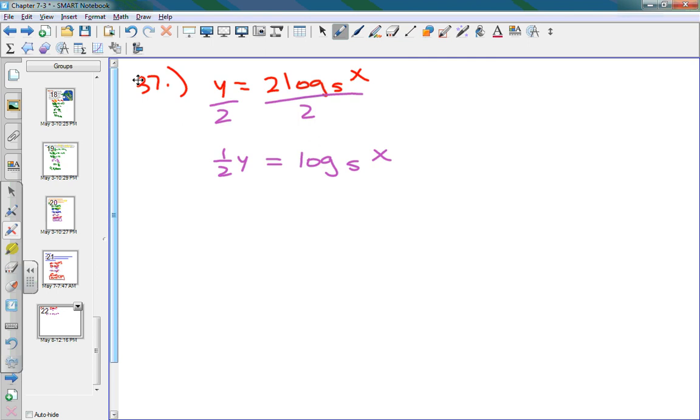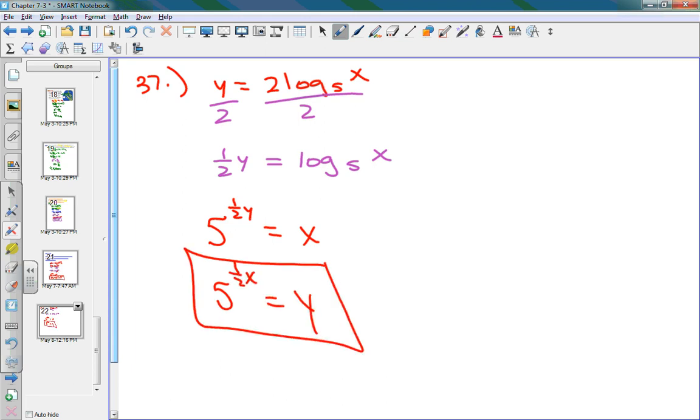Do we understand that? The only way we can get an exponential compression is by multiplying by a fraction, right? So now there's my power, 5 to the 1/2 y is equal to x. In other words, 5 to the 1/2 x is equal to my y. That's my exponential function.